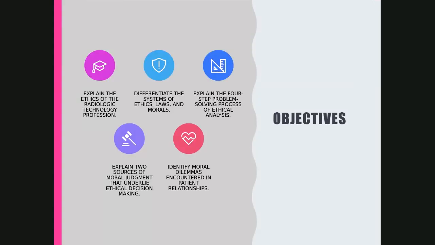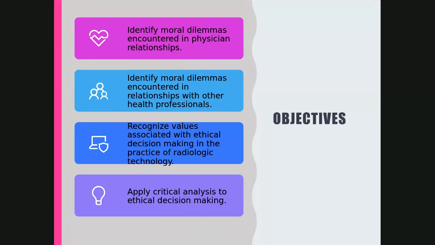chapter, notice that it says that you should be able to explain the ethics of the radiologic technology profession, differentiate the systems of ethics, laws, and morals, explain the four-step problem-solving process of an ethical analysis, explain two sources of moral judgment that underlie ethical decision-making, identify the moral dilemmas encountered in patient relationships, also identify the moral dilemmas encountered in physician relationships and the moral dilemmas encountered with other health professionals.